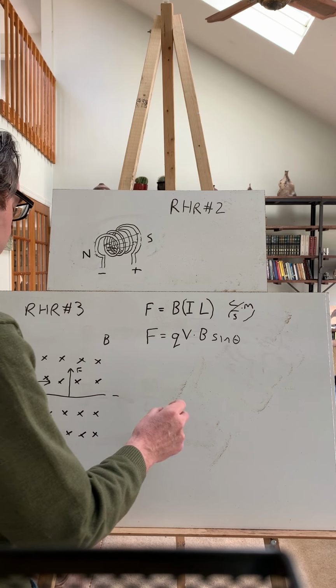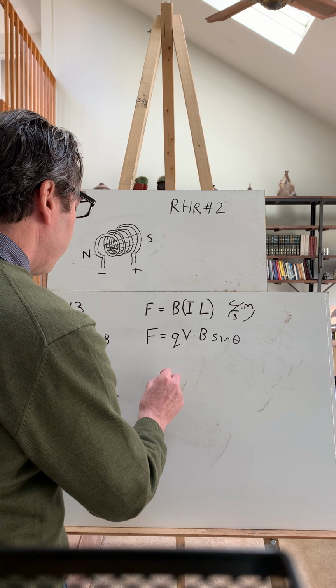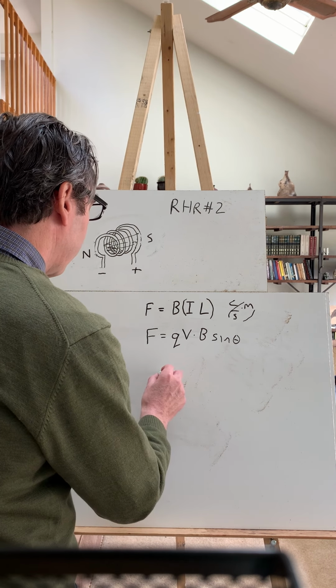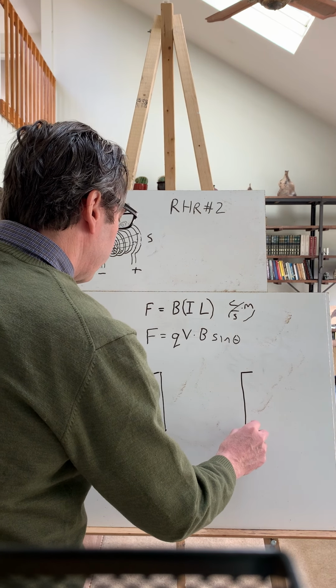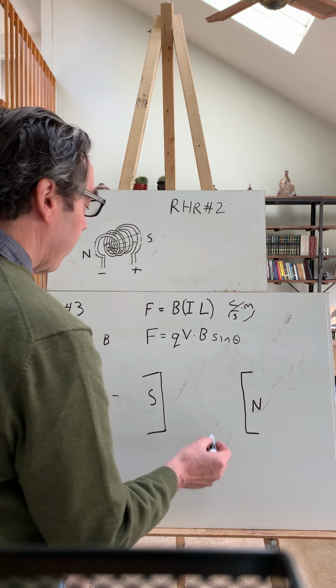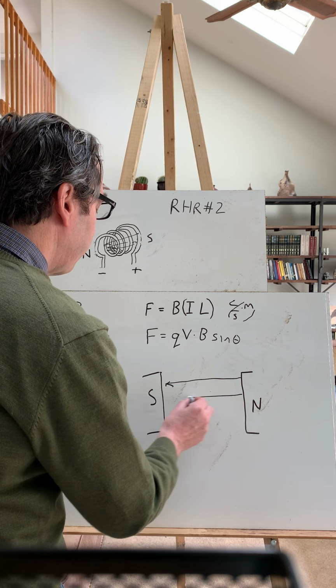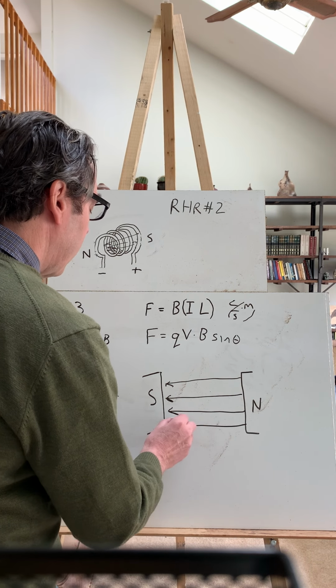And for example, let's say we indicate a field, we have a big South Pole magnet here, and a North Pole magnet here. The field between them would be relatively uniform in that direction.